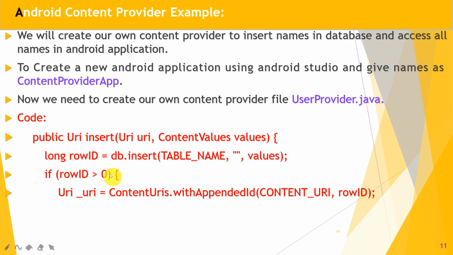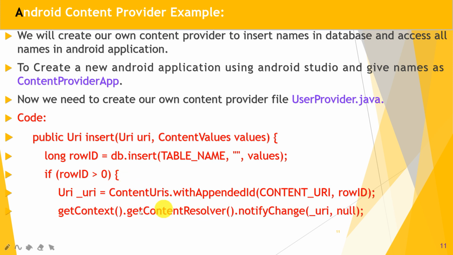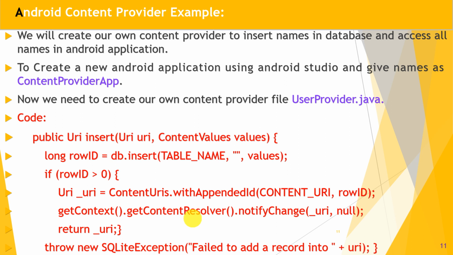If it is greater than 0, then you can notify the content resolver and insert the row into the content provider. Great. If not, then it raises an exception, that is, failed to add the record.